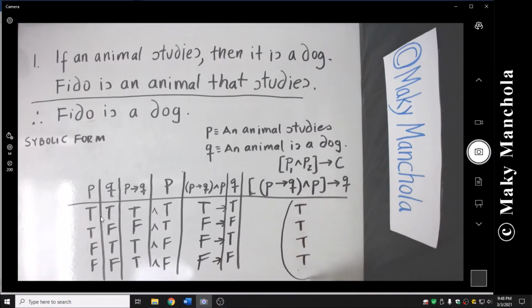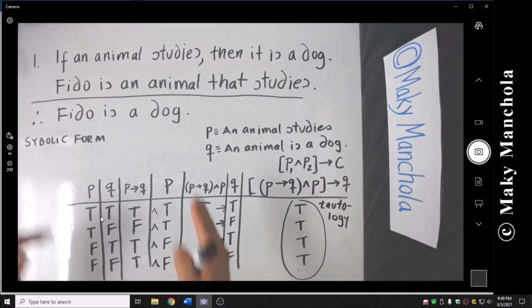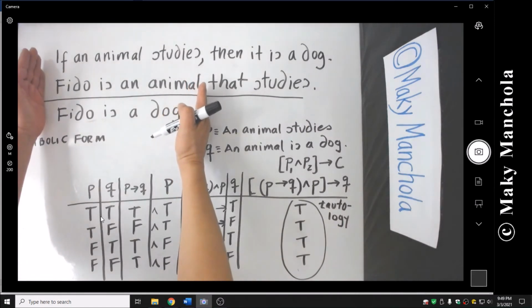So we conclude that our compound statement, conjunction of the premises implies conclusion, is a tautology. So what does that mean? That means that my original argument must be valid.